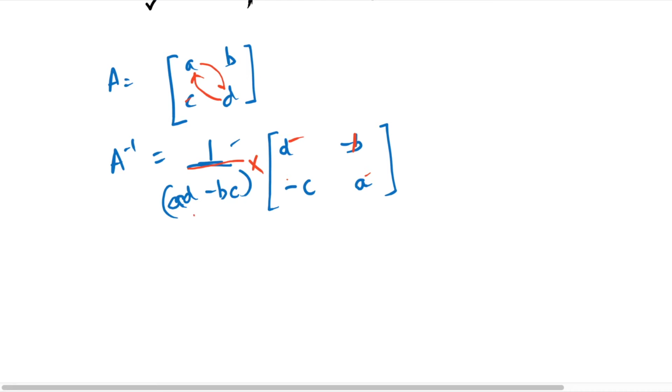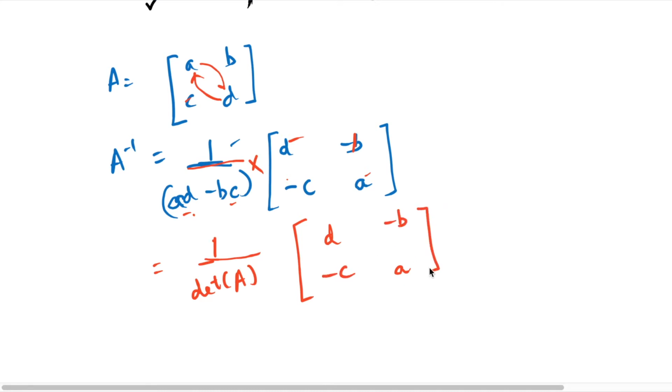If you remember from our last unit, AD minus BC is the determinant of a 2 by 2 matrix, so this simplifies to 1 by determinant of A multiplied with the matrix D, minus B, minus C, A.